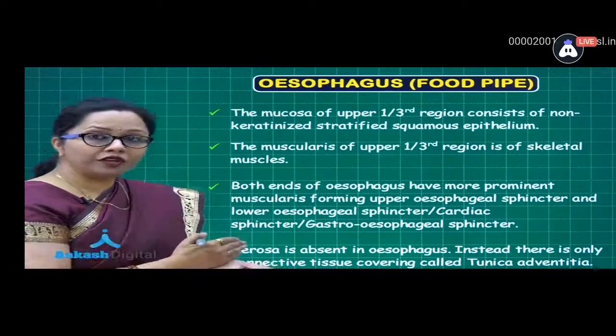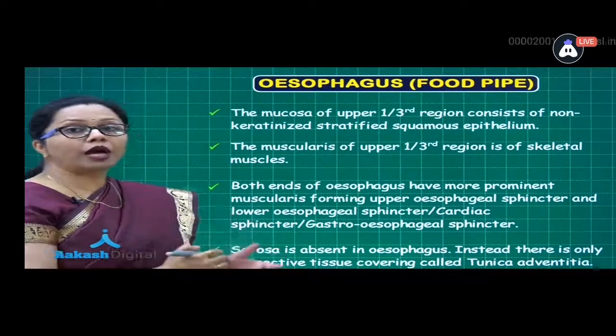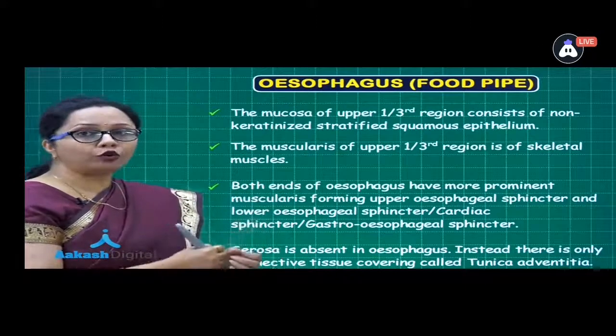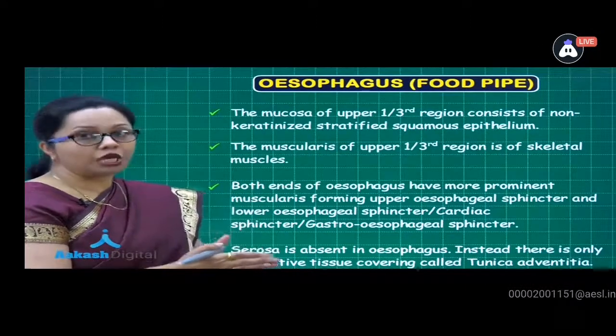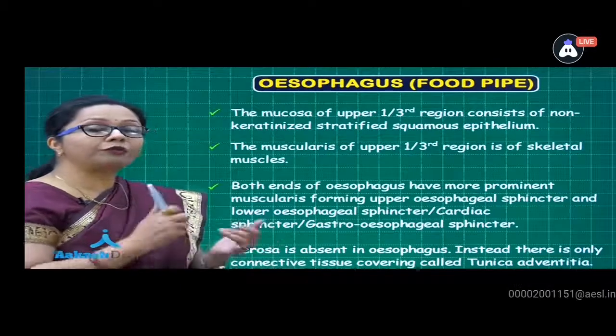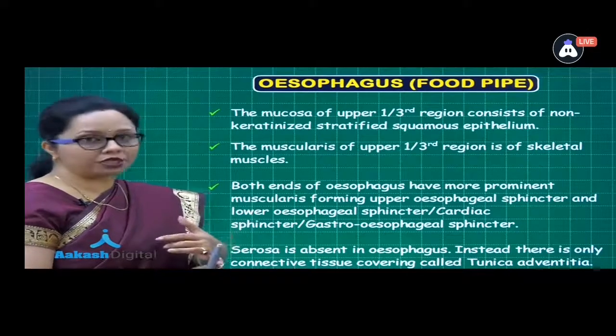At the region of the sphincter, the circular muscle is more developed, so that when it contracts, the entire lumen narrows down and that opening closes. That kind of structure is called a sphincter. So we have to remember that sphincters are made from the circular muscles.